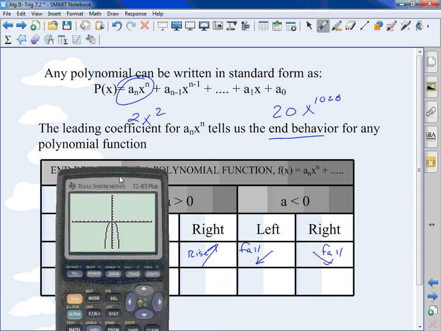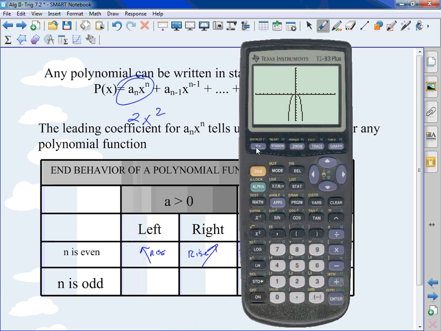Now let's look if it's odd. 3. So something cubed looks like this. Left it's going down, so it's falling. To the right it's rising.